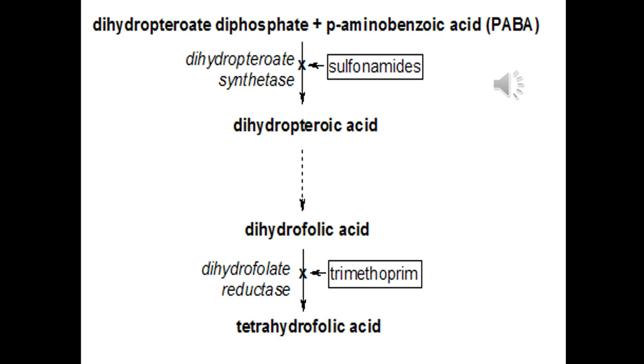So by these steps, most important things in this biosynthetic pathway is one enzyme, dihydropteroate synthetase enzyme and dihydrofolate reductase enzyme. Sulfonamide antibiotic, it means antibacterial, will inhibit dihydropteroate synthetase enzyme.